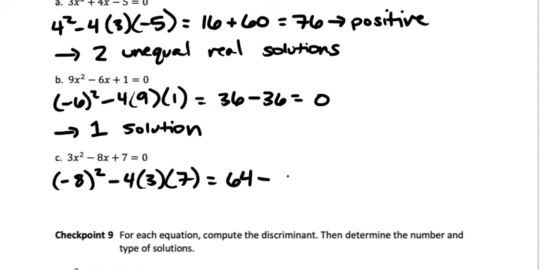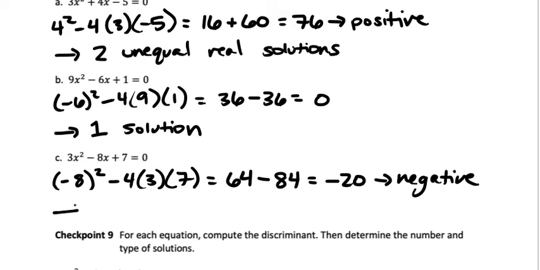You can use a calculator if you need to, but that's going to be 84. So 64 minus 84, which is negative 20. So because this is negative, that tells me that there is no real solution, but two imaginary solutions.